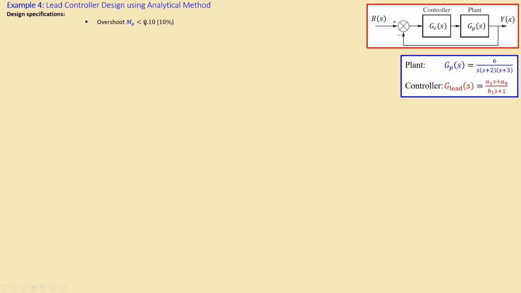We have an overshoot of less than 10% or 0.10, and a settling time of less than 5 seconds using the 2% criterion. Now, what we want to do is, of course, work toward the design point S1, as we did also in the previous videos. For that, I can use the overshoot first.